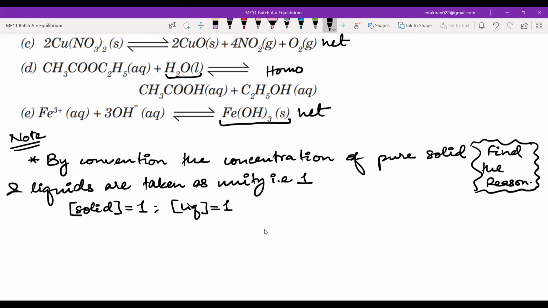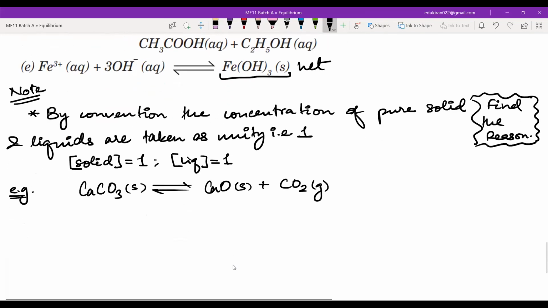So for example, if you have CaCO3 in solid state, it is getting converted into CaO solid plus carbon dioxide gas. Now for this, you will be tempted to write the Kc as the concentration of CaO times CO2 divided by the concentration of CaCO3.